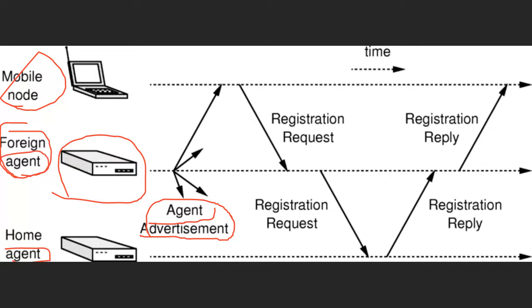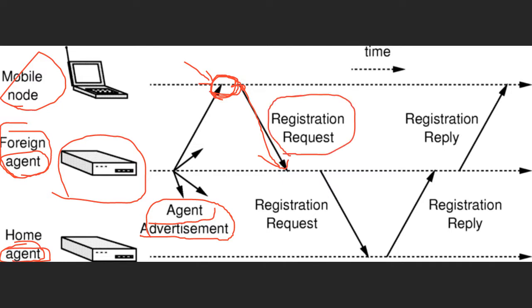So when a mobile device receives an advertisement that is different from its home agent's, when it hears something new that is not familiar, obviously it is something foreign. So now this mobile node sends a registration request to this foreign agent saying that I need to register on your network.